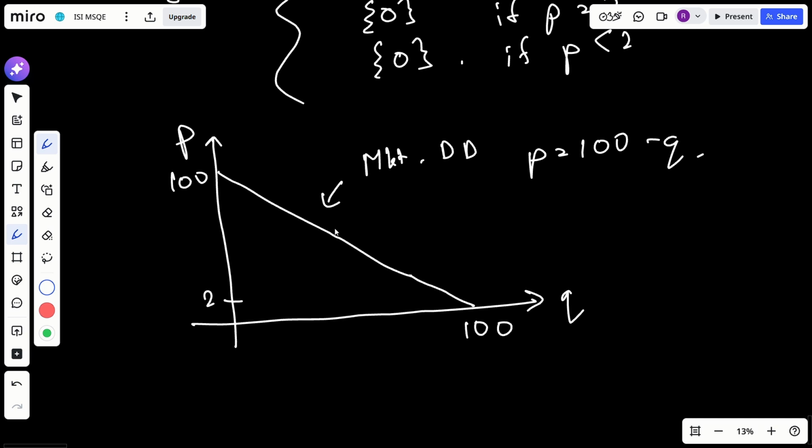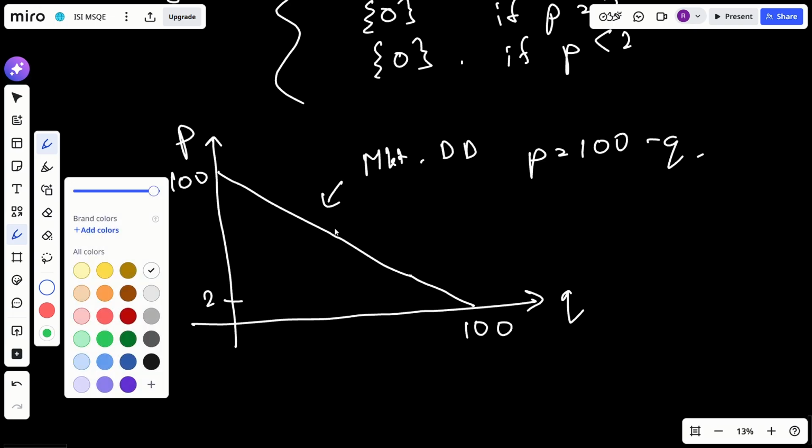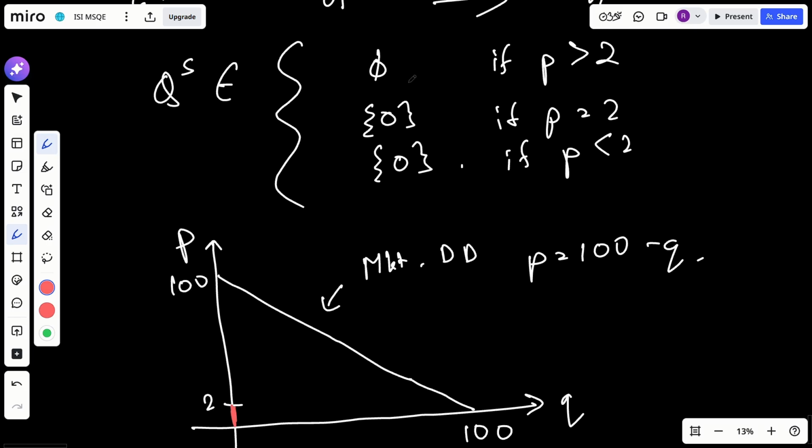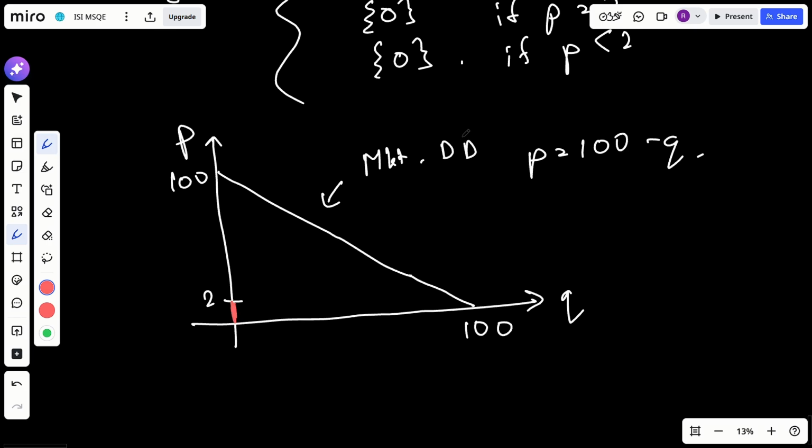If P is less than 2, quantity supplied will be 0, and if P is equal to 2, then also quantity supplied will be 0. So the supply will coincide with the y-axis, and when P is strictly greater than 2, there is no set of solutions, so I can't draw anything on the curve. You can see that there is no intersection between the market demand function and market supply function.